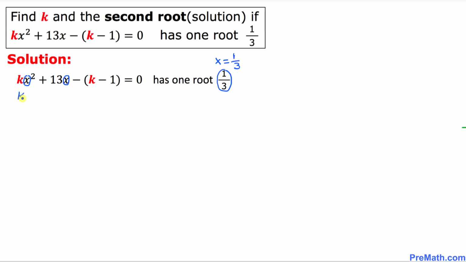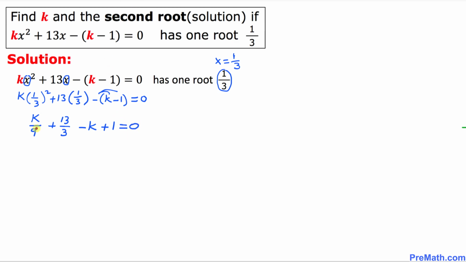Let's go ahead and do that. k times (1 over 3) squared plus 13 times 1 over 3 minus k minus 1 equals 0. Here, 1 over 3 squared is 1 over 9, so I can write k over 9, plus 13 over 3, and if we distribute this one, that is simply negative k plus 1 equals 0.